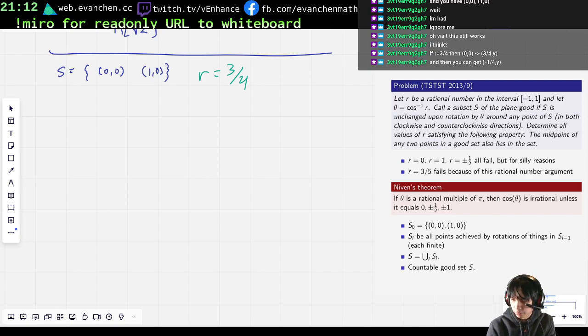So then (0, 0), 3/4 y. And then you can get minus 1/4 y.